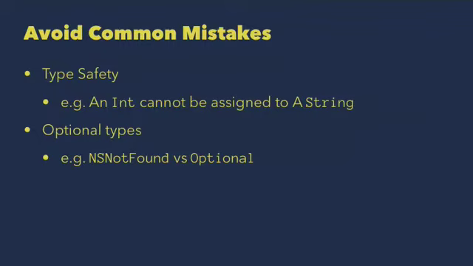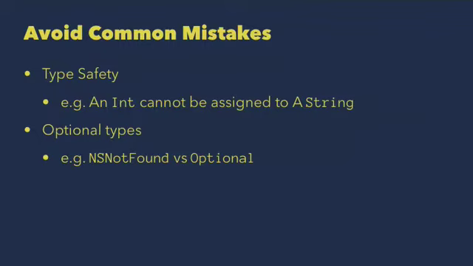Another example is optional types. Optional is a concept to capture whether there's a value or not. So it either says there is a value and the value is x, or there is no value.